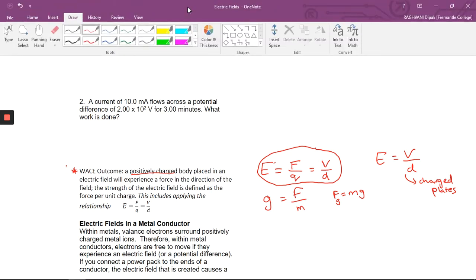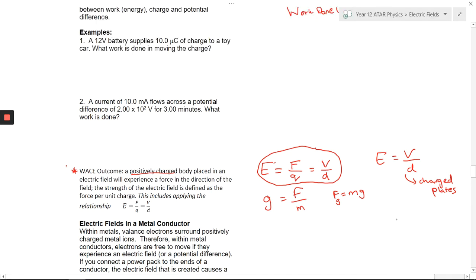I'm going to quickly draw up how it is used in charged plates. You might have a positive plate here, and a negative plate here. There is obviously a difference in potential here. If you were to ask what the electric field strength of this field is, that would be your voltage, or potential difference, divided by the distance between the plates.